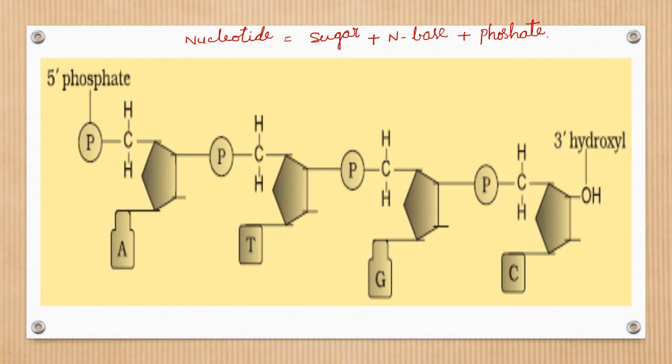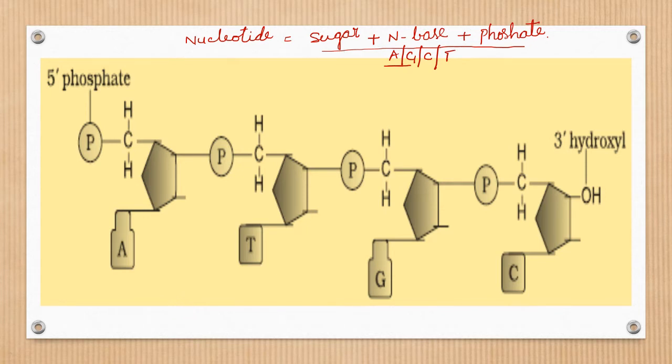So a nucleotide is formed by the joining of these three substances: sugar molecule, nitrogen base, and phosphate. Here the nitrogen base may be adenine, guanine, cytosine, or thymine.